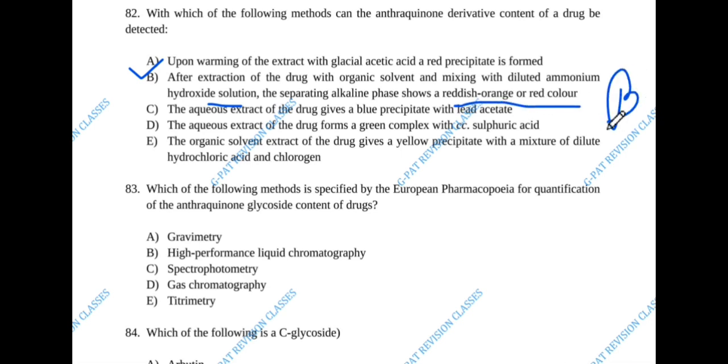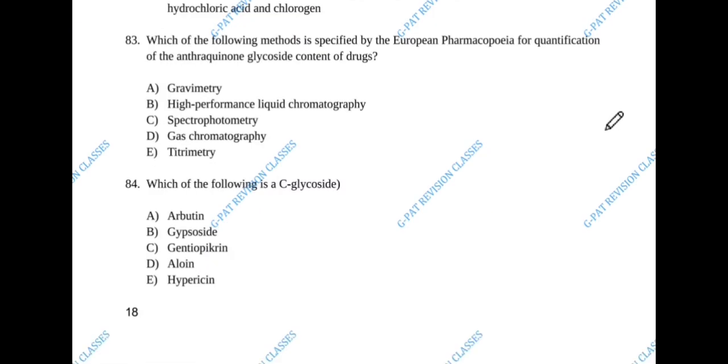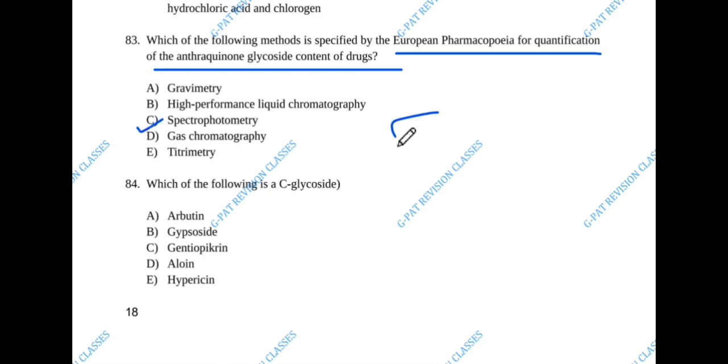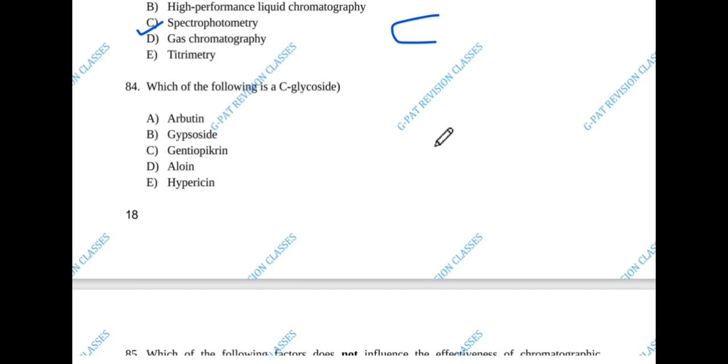Okay, the answer is B. Next, 83 question number. Which of the following methods is specified by the European Pharmacopoeia for quantification of the anthraquinone glycoside content of drug? The answer is C. Spectrophotometry. Next is 84 question number.